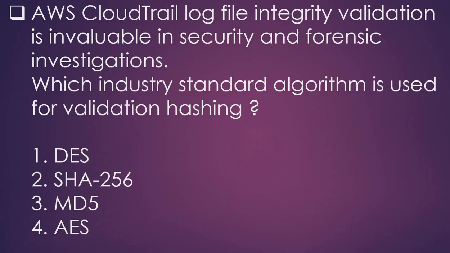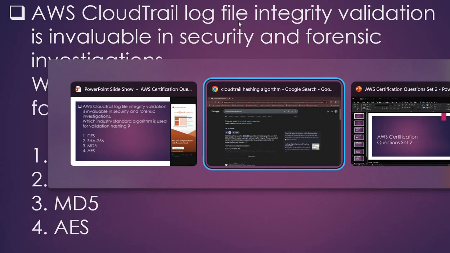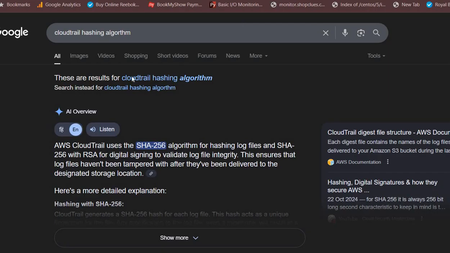Okay, now if you go to Google and search what is the algorithm for hashing the AWS CloudTrail log file, you can see that AWS CloudTrail uses the SHA-256 algorithm for hashing log files and SHA-256 with RSA for digital signing to validate log file integrity.